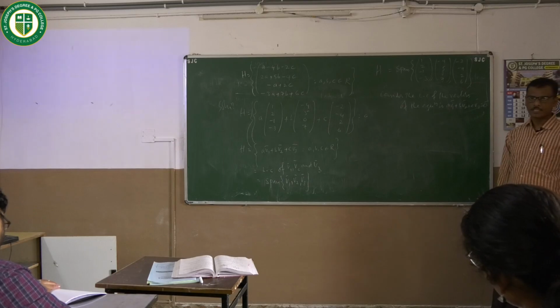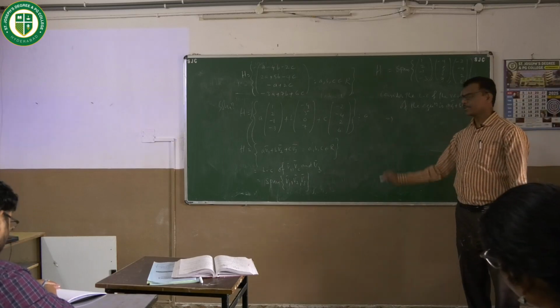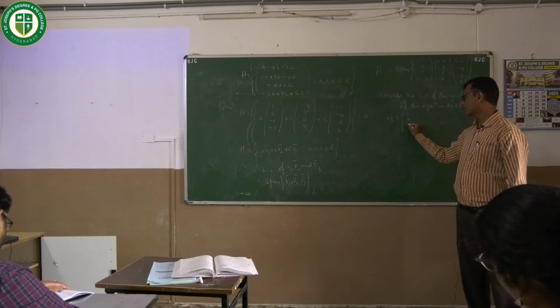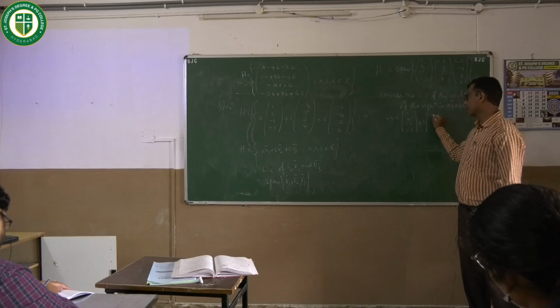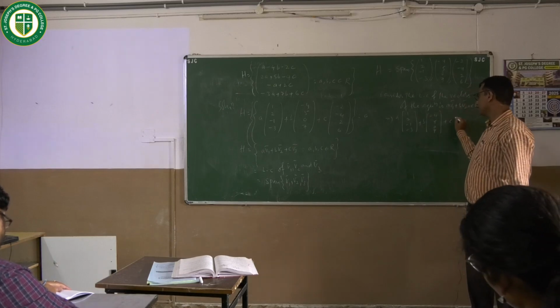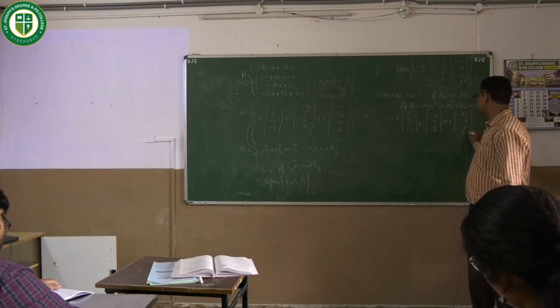This is the linear combination equation. So A into 1, 2, minus 1, minus 3, plus B into minus 4, 5, 0, 7, plus C into minus 2, minus 4, 2, 6.